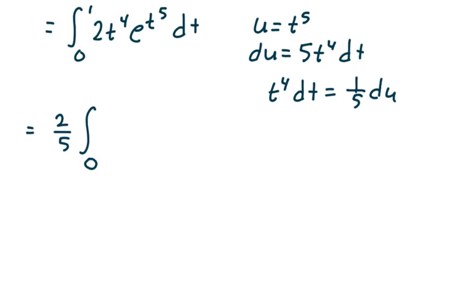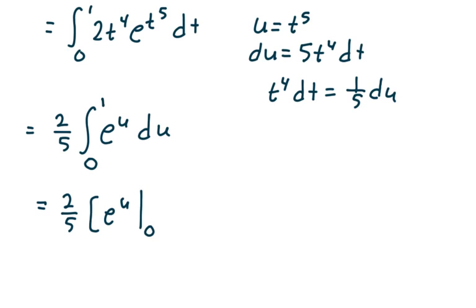When t is 1, u is 1. And so I'm going to integrate from 0 to 1 of e to the u du, which is 2/5 times e to the u, evaluated from 0 to 1. And so the answer here to problem 13 is 2/5 times (e minus 1), because remember, e to the 0 is 1. And that's how number 13 works.